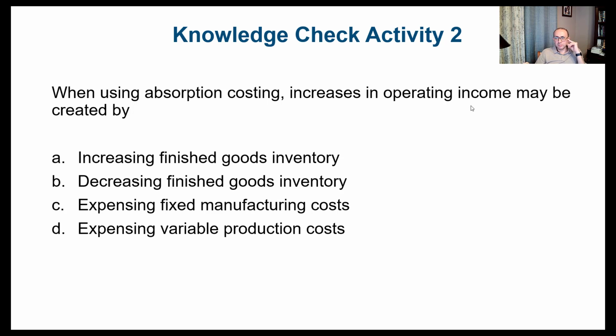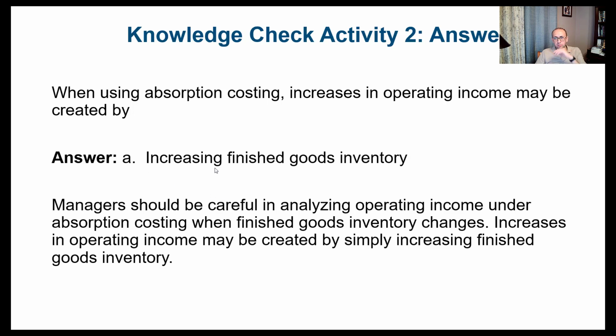The bottom line number is going to be impacted by the amount of manufacturing versus our sales. If our manufacturing is more than the sales, that leads to an increase in finished goods inventory and an increase in profits. So when using absorption costing, an increase in operating income may be created by increasing finished goods inventory. The right answer is A.